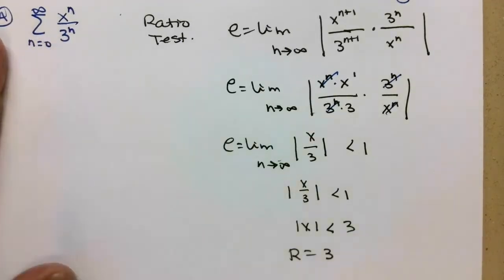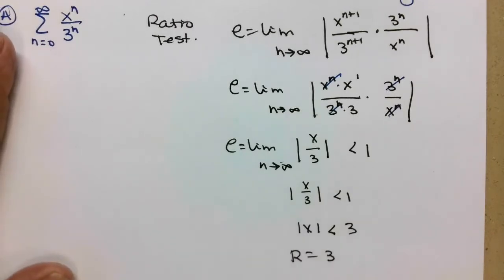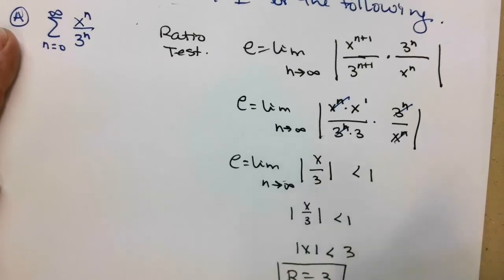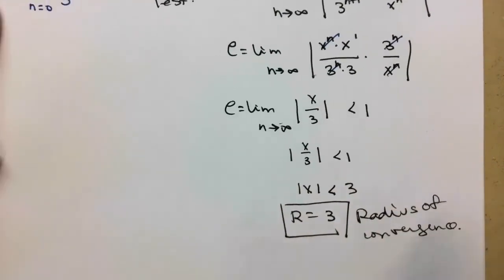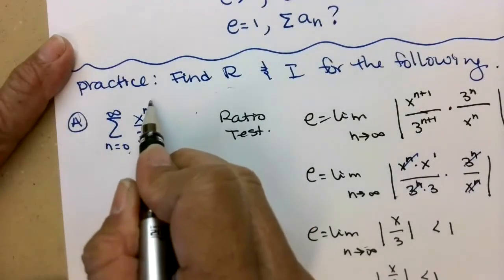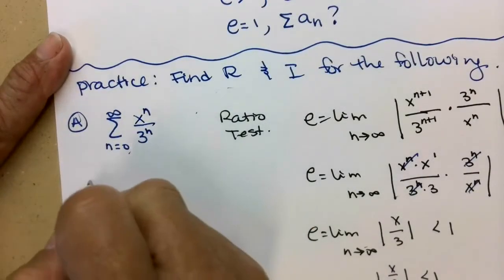Note, I could have written out a couple of terms. Sorry, I'm going to backtrack here. I'm going to circle my answer. This is our radius of convergence. So this polynomial that we had: if n is 0, I have 1 over 1.